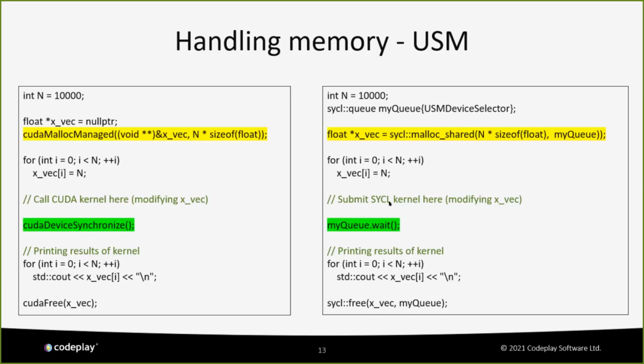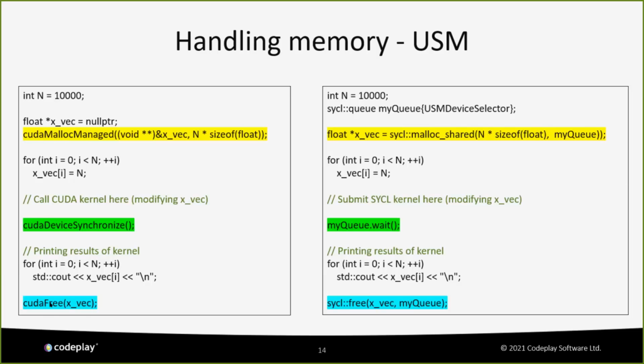Once we submit the kernel using the USM memory, we have to wait for it to finish before we can read the results, and this is true for both CUDA and SYCL.